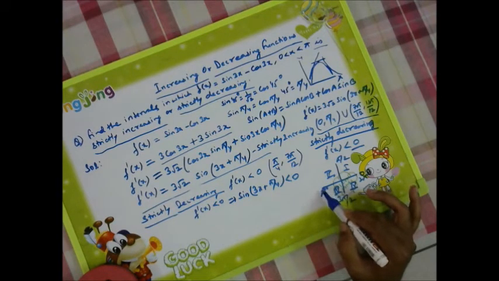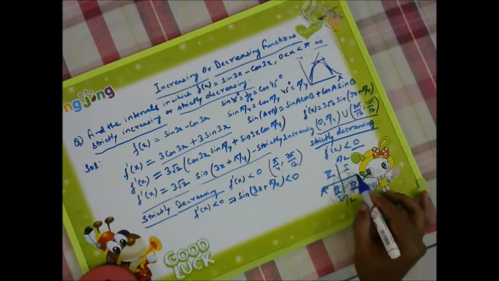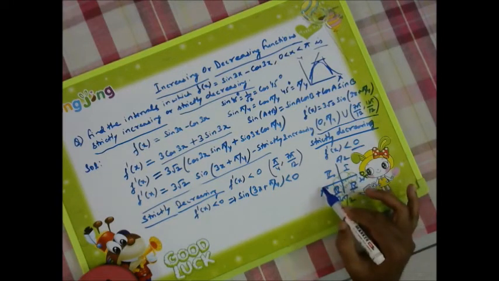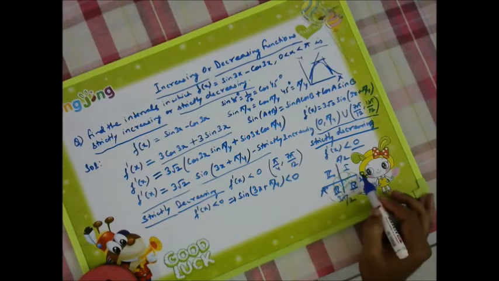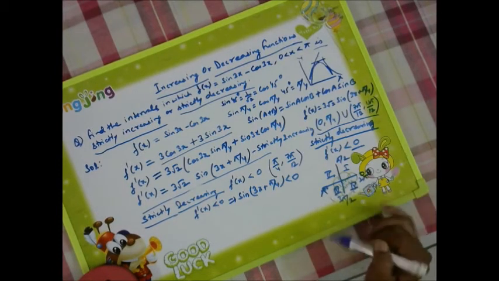Right, here already 2 pi is there. If we are coming here, again pi will be added, so it will be 3 pi. And then again pi will be added, so it will be 3 pi to 4 pi.